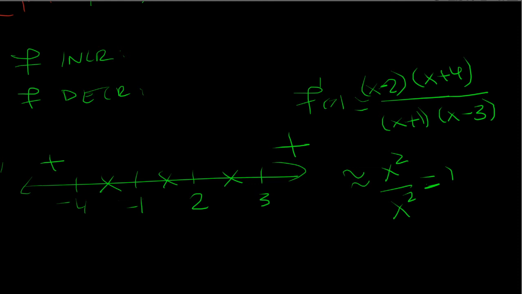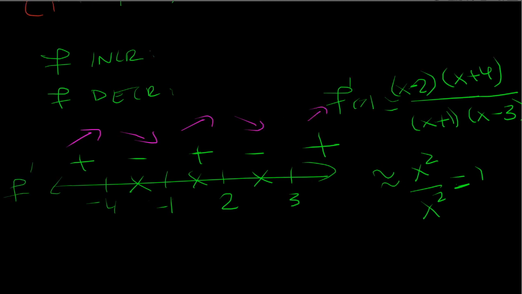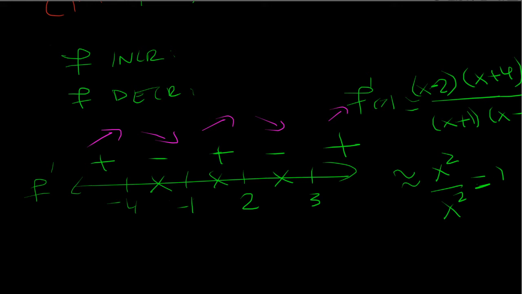When we do that, we see that it's alternating. The derivative is positive, negative, positive, negative, positive. So f is increasing, decreasing in that pattern. Increasing from negative infinity to negative 4, negative 1 to 2, and then 3 to infinity.